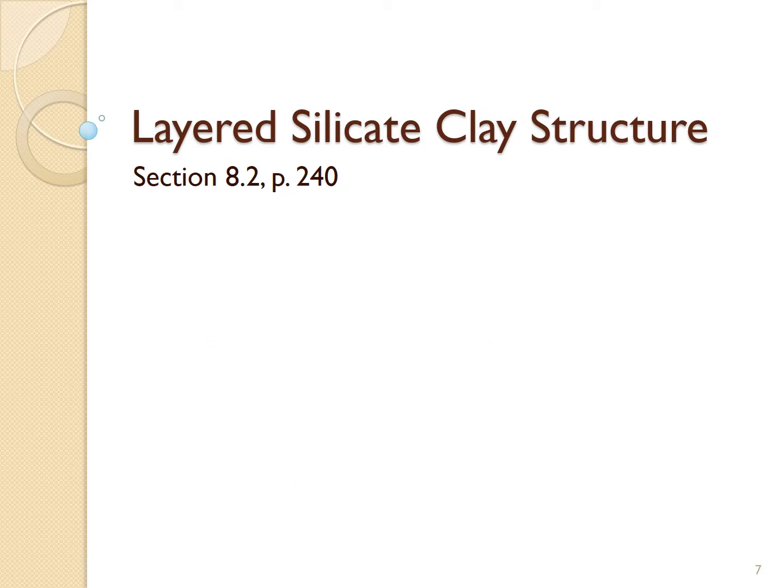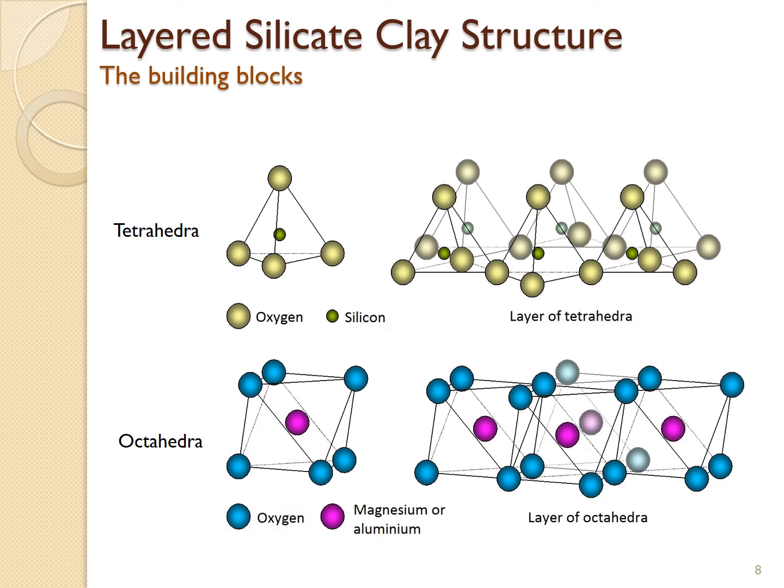So let's talk about the layered silicate clay structure. Here we have the building blocks of these clay sheets, all of these sheets that stack up to make a clay particle, okay? So we're going down to the building blocks of what's in those sheets. And there's 2 parts. There's going to be tetrahedra, which are 4 oxygens surrounding a silica ion. And these combine to make a layer called a tetrahedral layer.